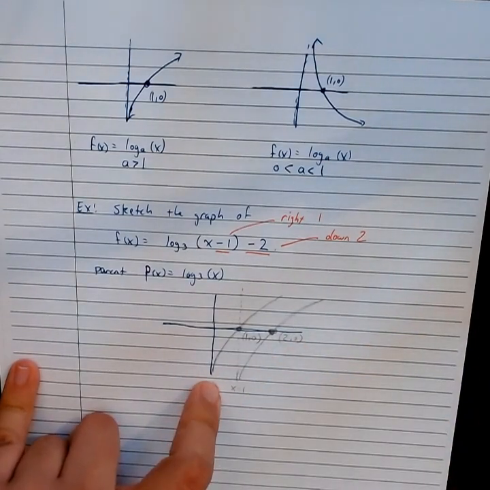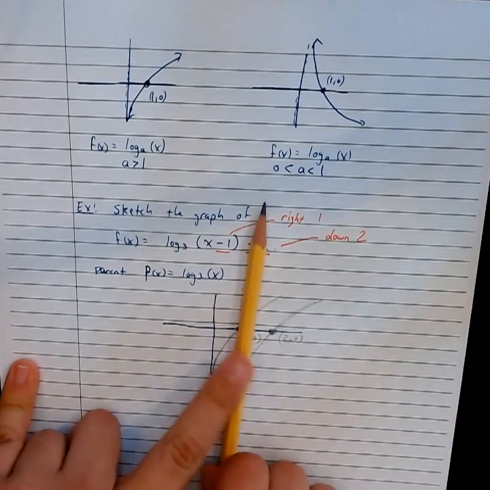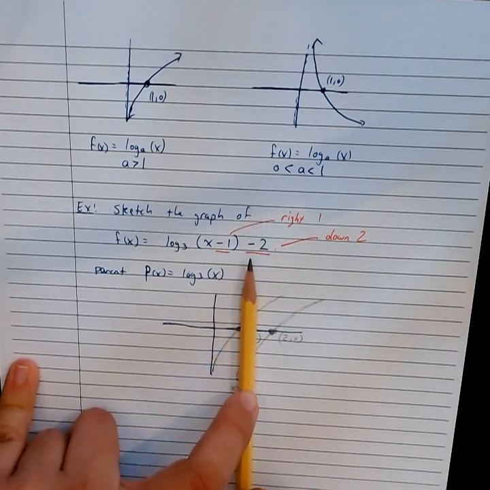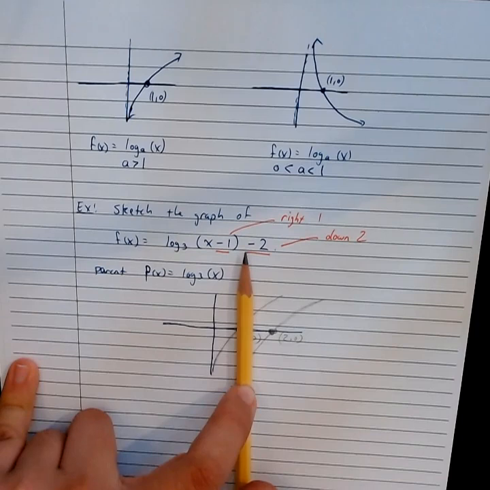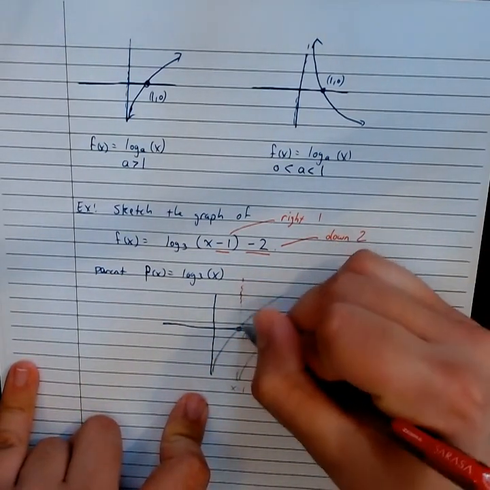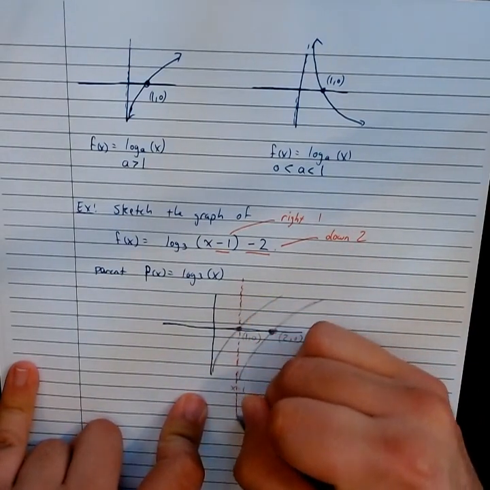Well, now the next thing I want to do, I want to move everything down 2 steps. Now, if this is the vertical line, and I shift it down 2 steps, it's still in the same spot. It's still the same vertical line. So that doesn't change my asymptote at all. My asymptote will still remain in the same place. It'll still remain x equals 1.